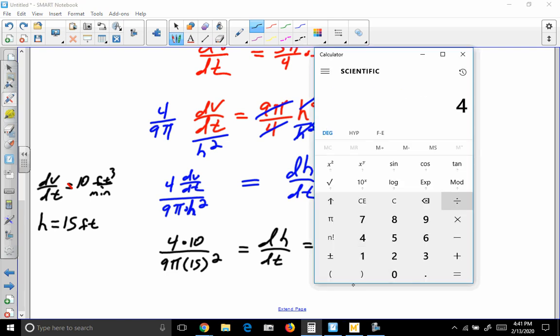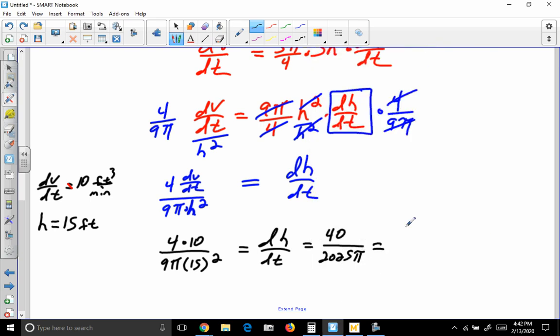So 40 divided by 2025 times pi, about 0.006, and that's height, which is in feet, over time, which is in minutes.